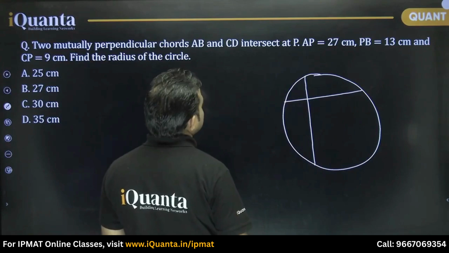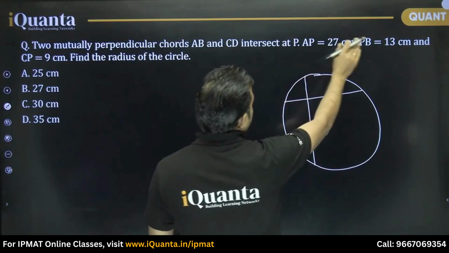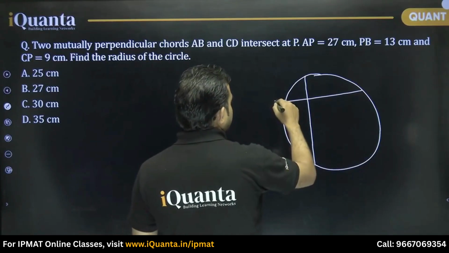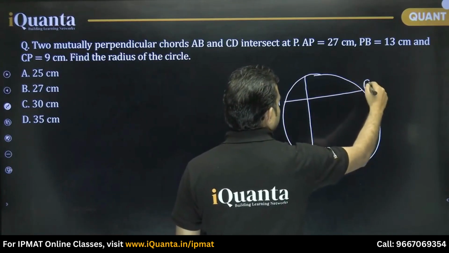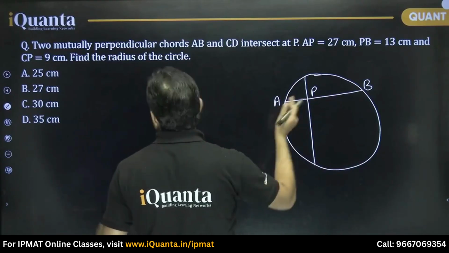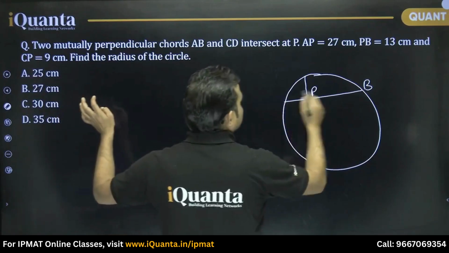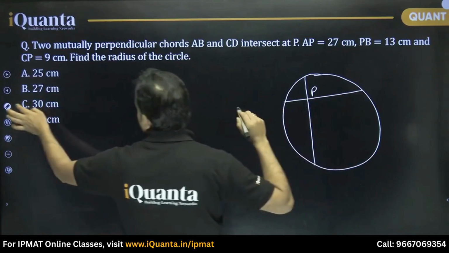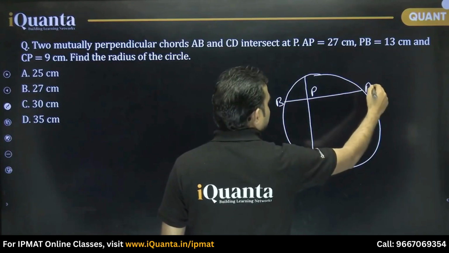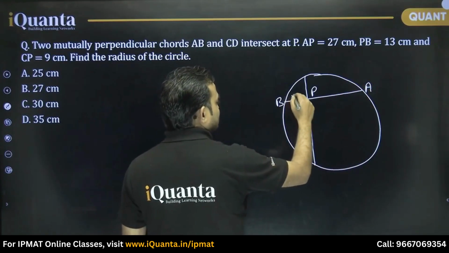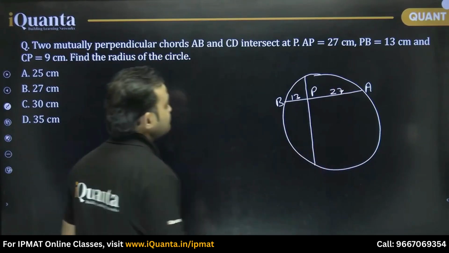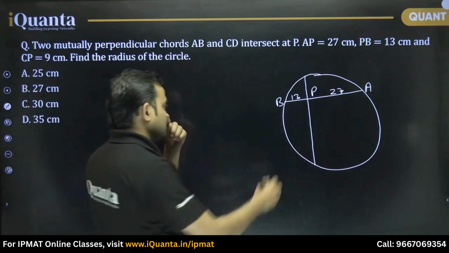AP plus PB is 40. The intersection point is P, and AP is bigger than PB, so let's take this as B, this as A, this will be 13, this will be 27, and CP is 9.